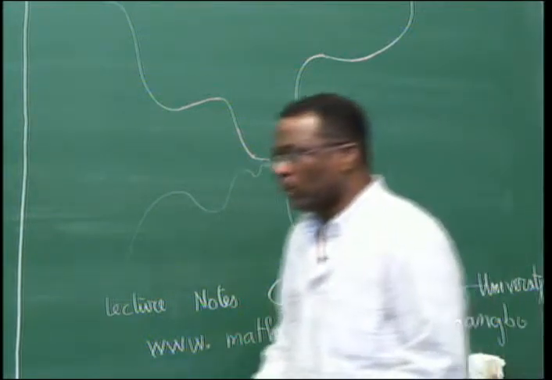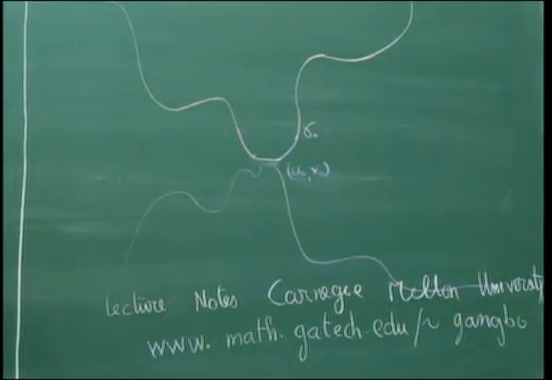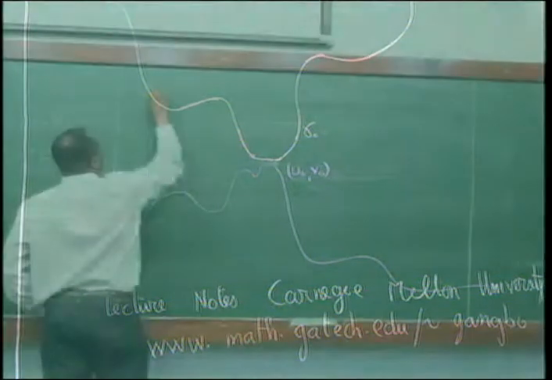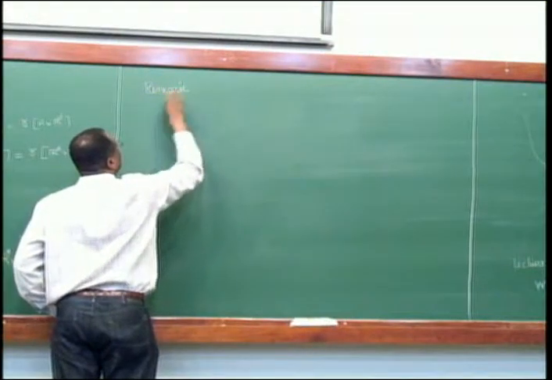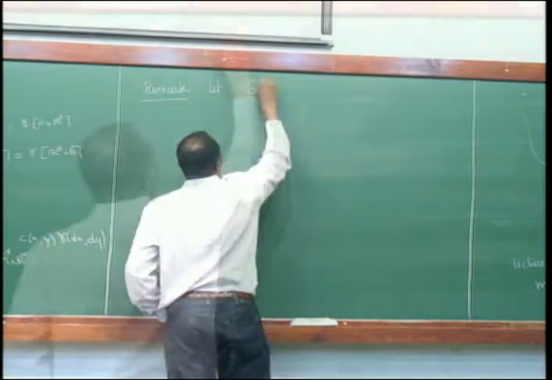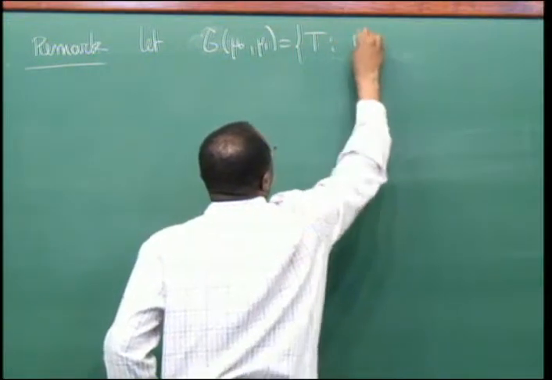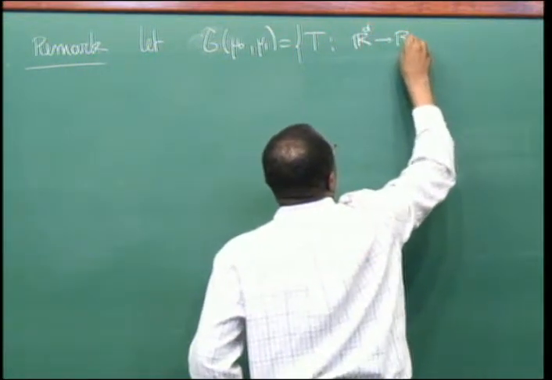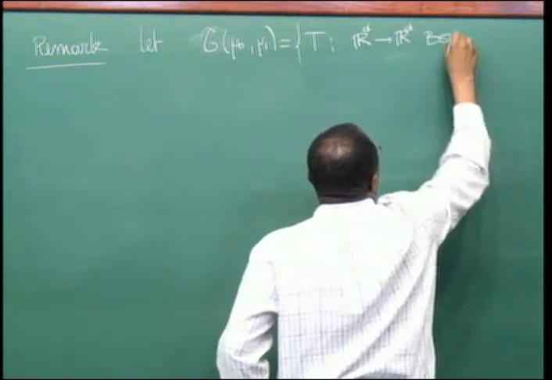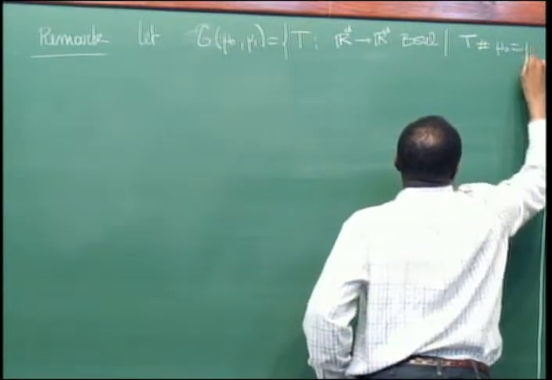So now let me write my strategy. What I just said, let me put it in words. I start with the following remark. Let tau of mu naught, mu 1 be the set of T from Rd to Rd, Borel, such that T pushes forward mu naught to mu 1.